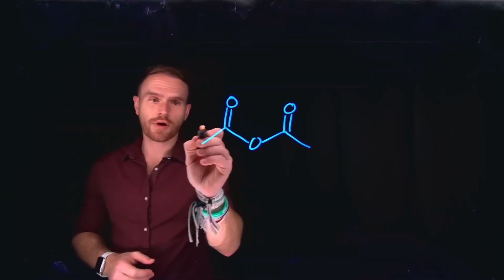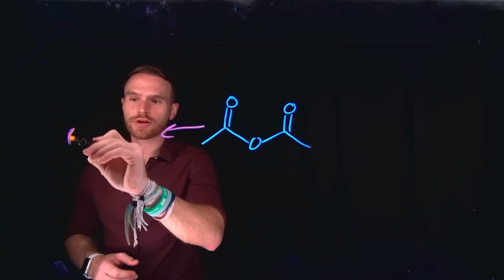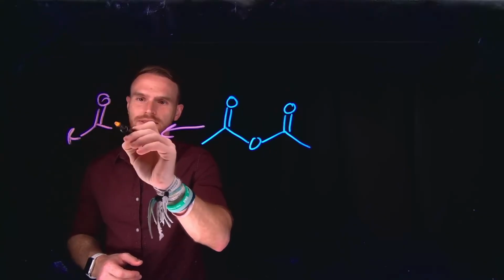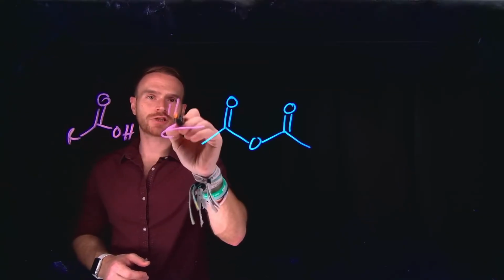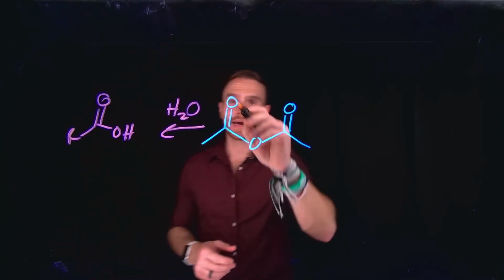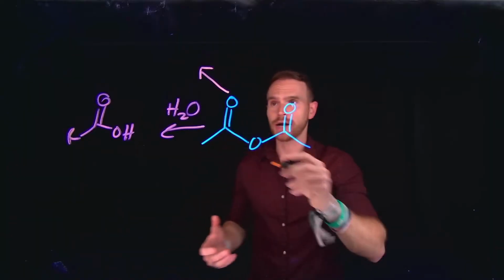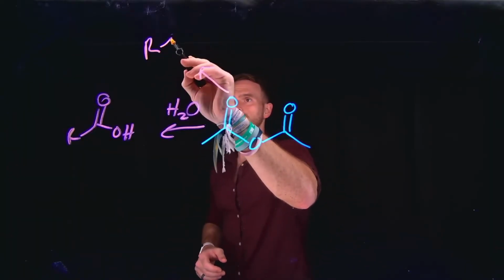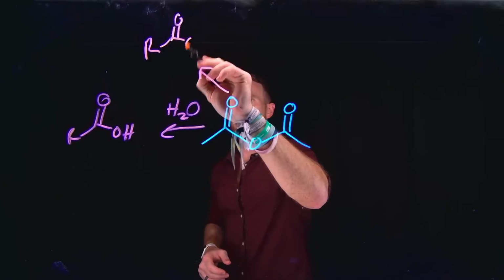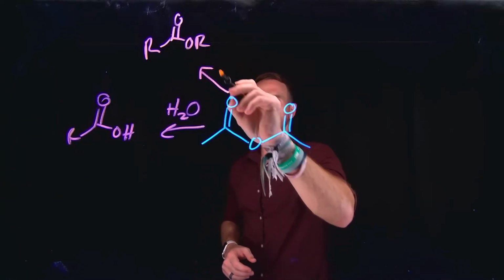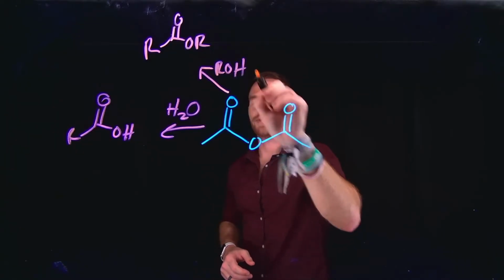Like acid chlorides, anhydrides can be converted back to carboxylic acids simply with the presence of H2O or water. Again, like acid chlorides, anhydrides can be converted into esters through the addition of an alcohol. So an ester can be created through the addition of an alcohol.